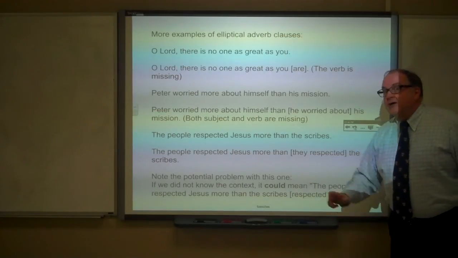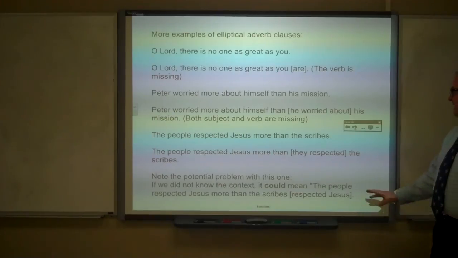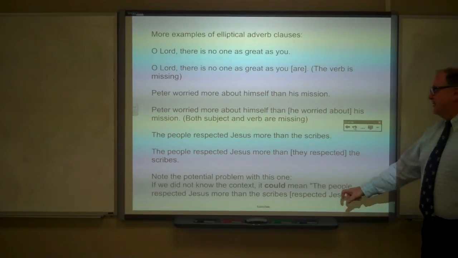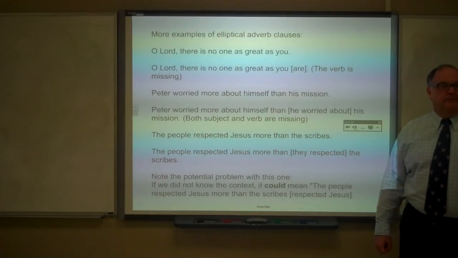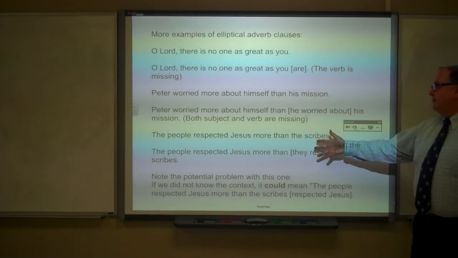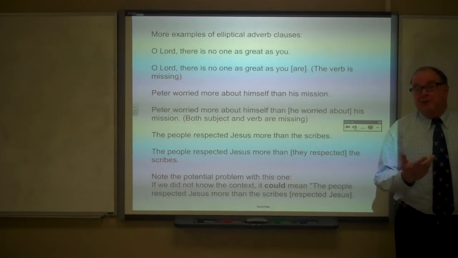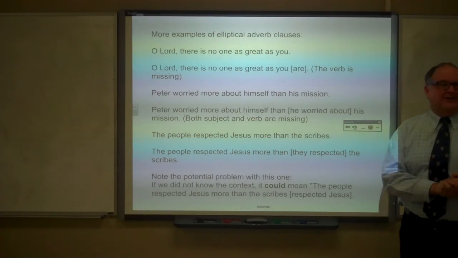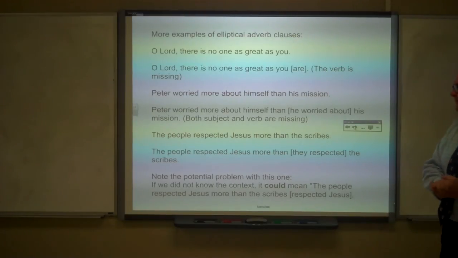If we did not know the context, we could say that it means the people respected Jesus more than the scribes respected Jesus. When it just says the people respected Jesus more than the scribes, what are we referring to? Sometimes you don't really want to have an elliptical clause because it can be uncertain.